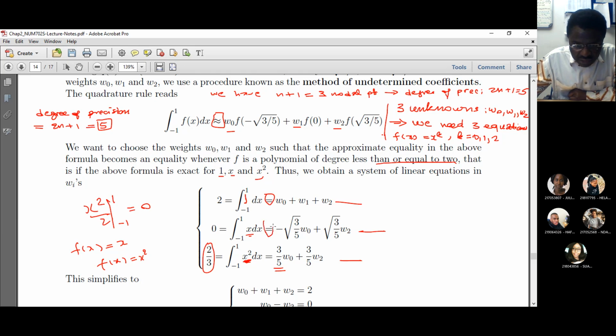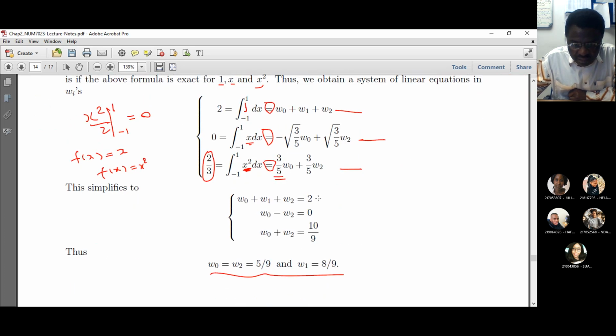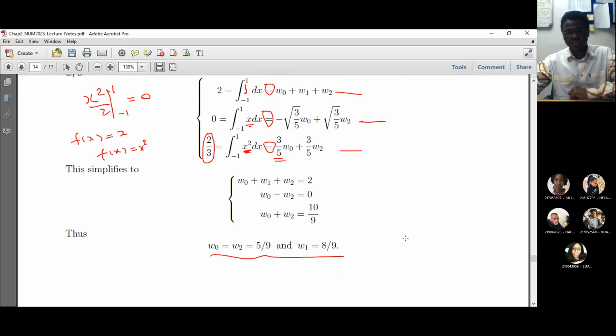This is exact, that's why it's equal, and here also it's equal. So for each of these values of f of x, we substitute that into this equation, we obtain a system. If you rearrange this system, we get this one, and if we solve this, we get that. Okay, now let's see how to solve it. Maybe that's what you need to see.